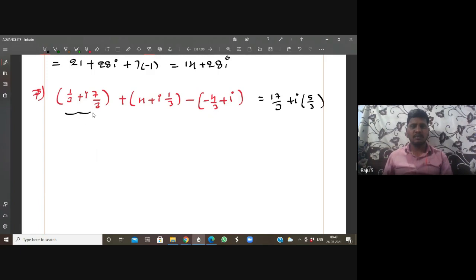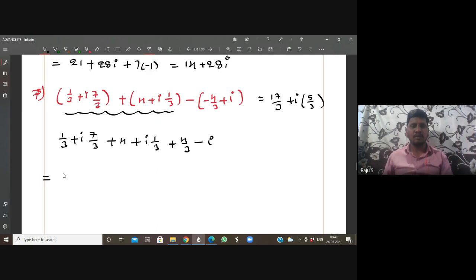First, you have to simplify the first two terms like 1 by 3, or else you can do it directly also. First, you have to multiply with minus here. So 1 by 3 plus iota times of 7 by 3, plus 4 plus iota into 1 by 3 plus 4 by 3 minus iota.